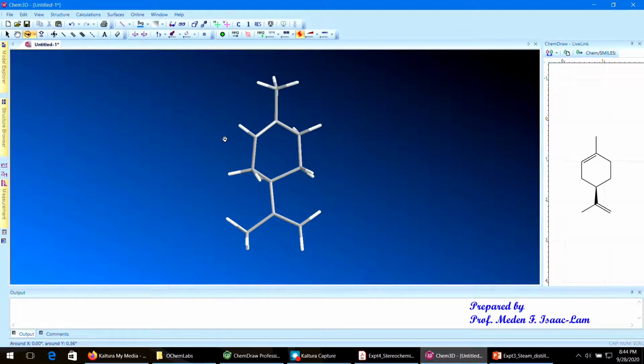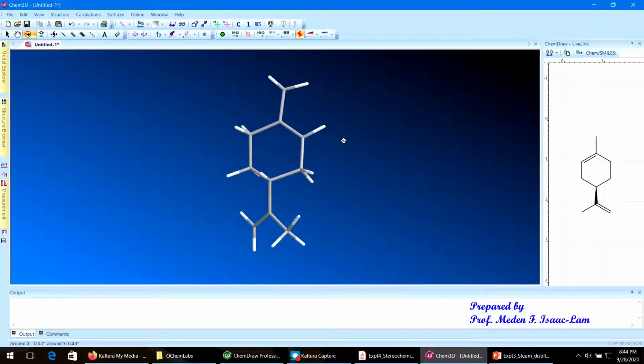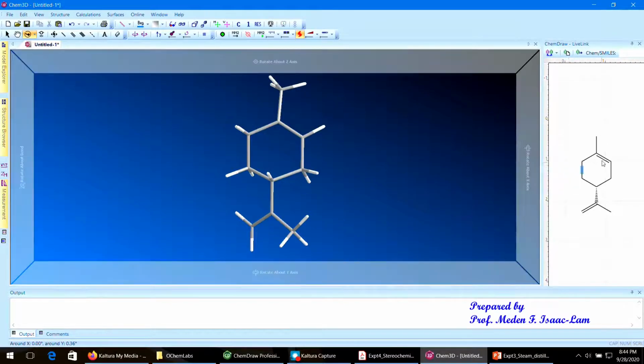So notice that if I have the double bond, so the double bond is this, so it said alkene. Okay, so this is to the back, so the H is towards you. So if I rotate this, so look at this structure on the right.